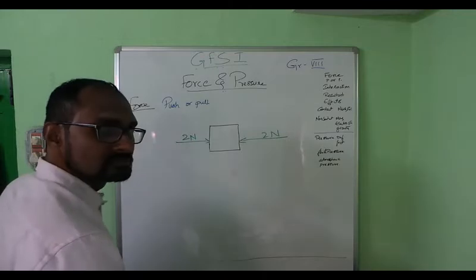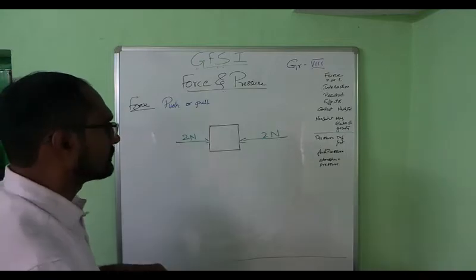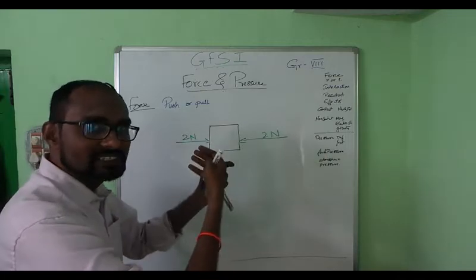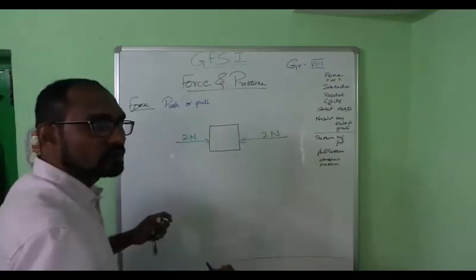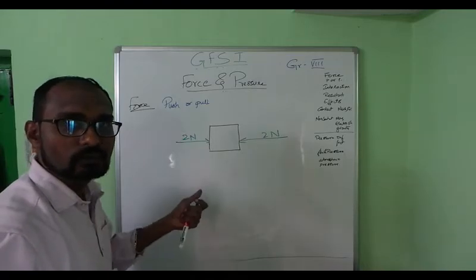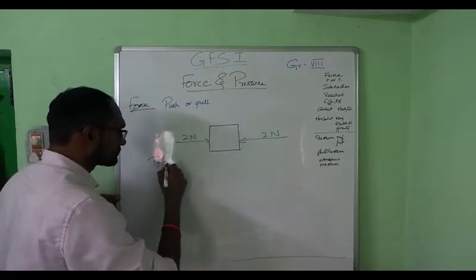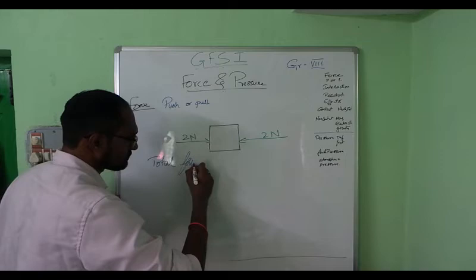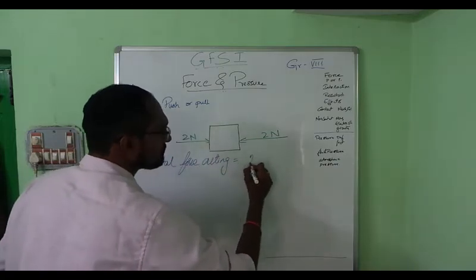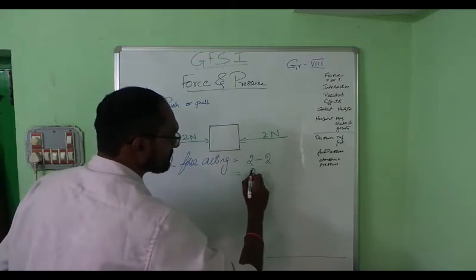We can clearly see 4 Newton force acting on it. But if you notice, these two forces are acting in opposite directions. Because forces are acting in opposite directions, what do we do? We subtract. So total force acting is equal to 2 minus 2, that is equal to 0 Newton.